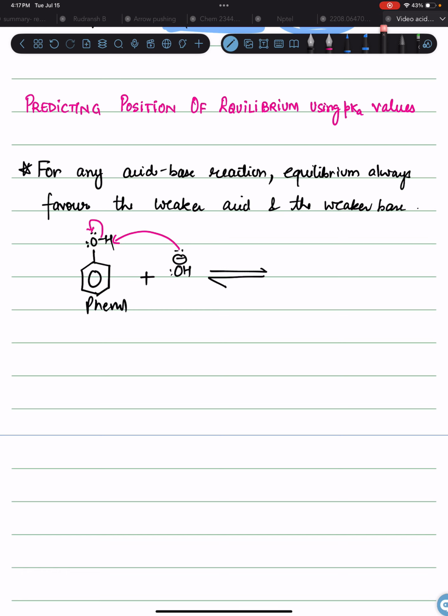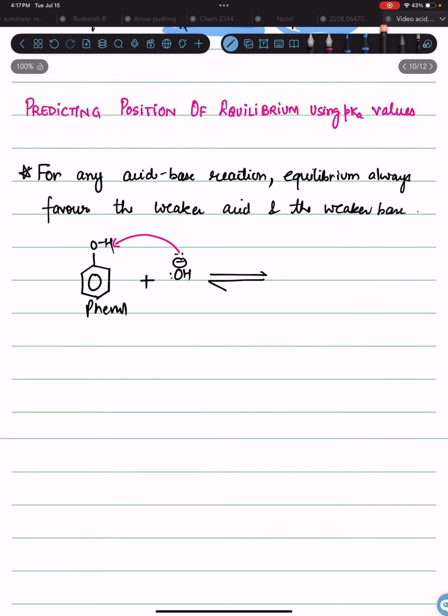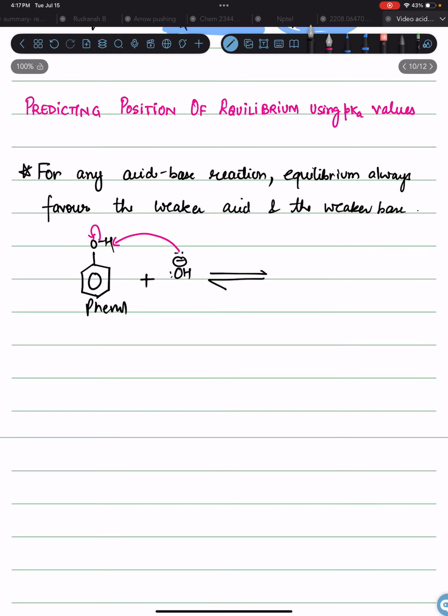So what you get as a product is the phenoxide ion plus a water molecule, H2O, because OH negative takes that proton and becomes water.